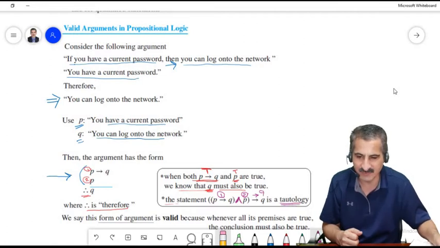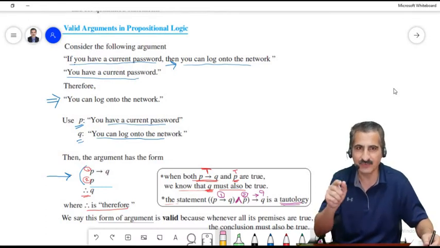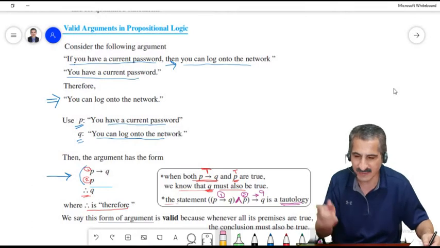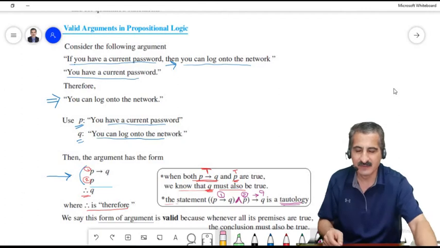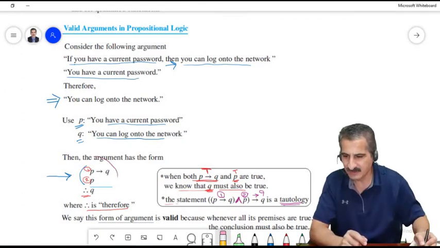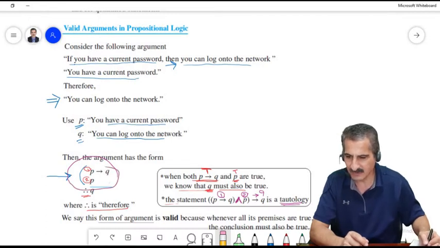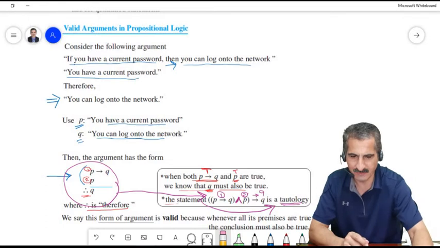Whenever this is a tautology, then from 1 and 2, therefore Q is happening. So the rule of inference here, with the Q, all of this is equivalent to having this be a tautology.